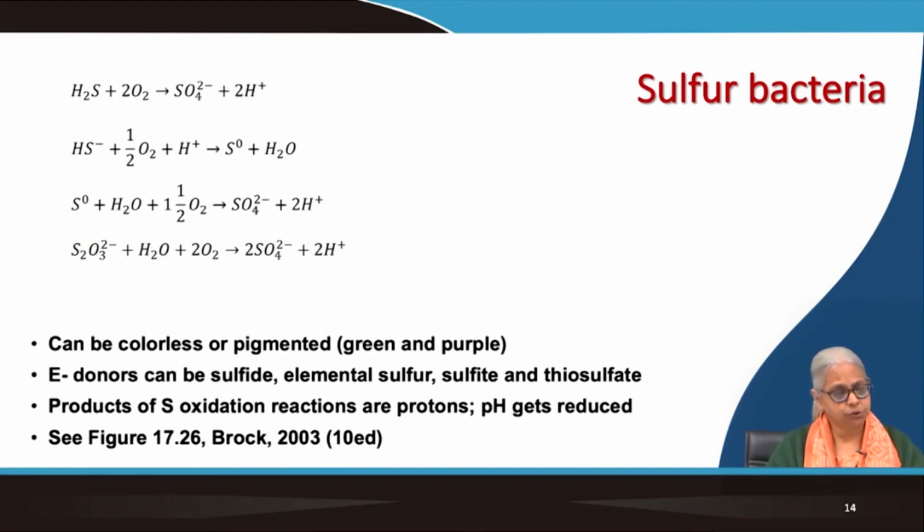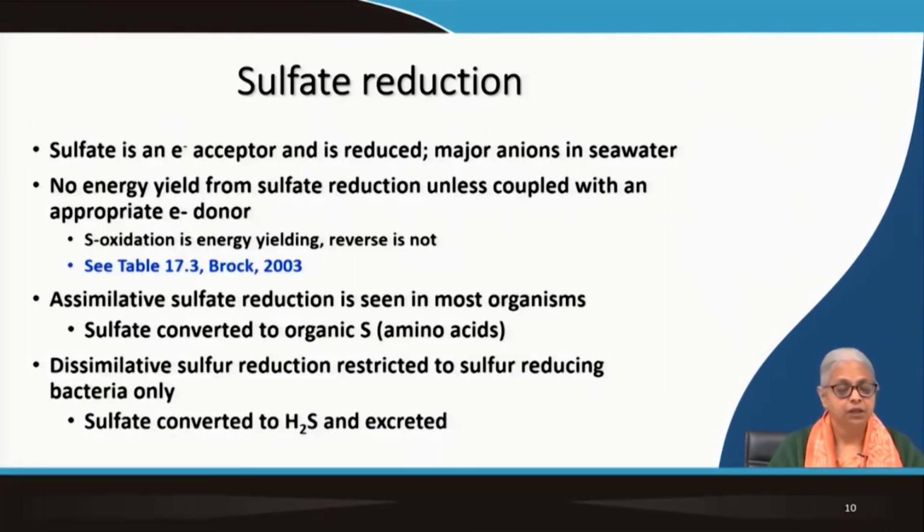If I were to show you this particular set of reactions, hydrogen sulfide to sulfate has a delta G that's negative. It's a high number and it's a negative delta G. So energy can be obtained, but sulfate going to sulfide is going to be positive, and therefore it's not an energy yielding reaction. So it has to be coupled with the right electron donor, and I think I have examples later.